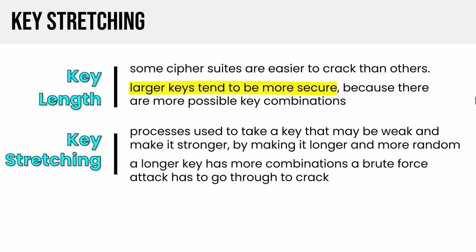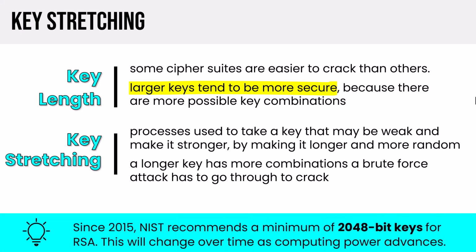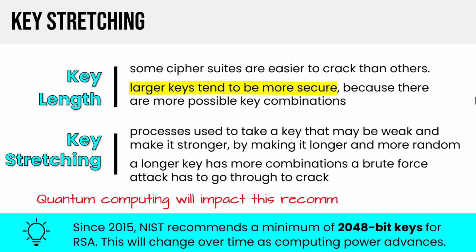A longer key has more combinations a brute force attack has to go through to crack. Since 2015, NIST recommends a minimum of a 2048-bit key for RSA, for example. That will change over time as computing power advances. Quantum computing will eventually impact this recommendation.